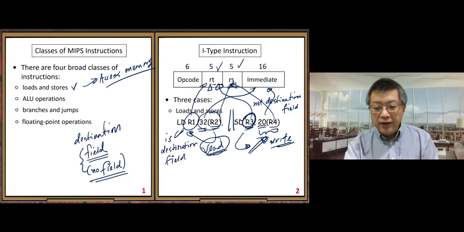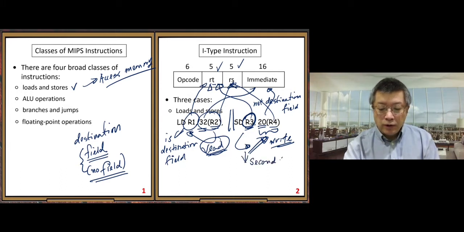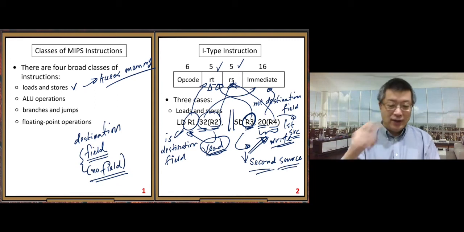The second one is not the destination field. So what's that? Second source. The first source. Second source. That's different.